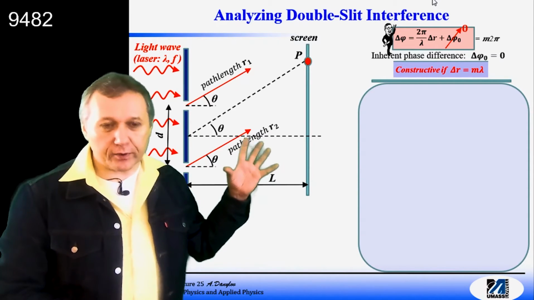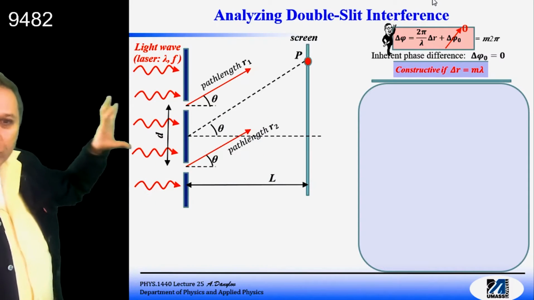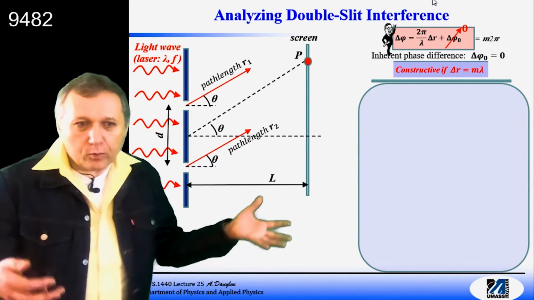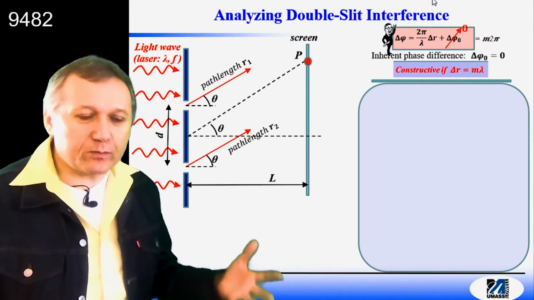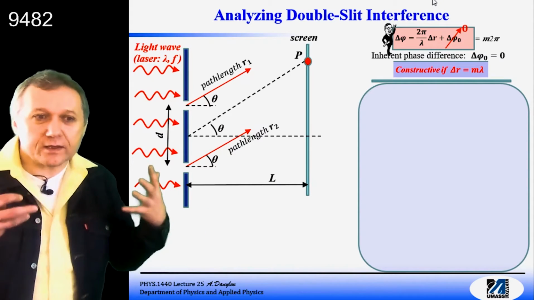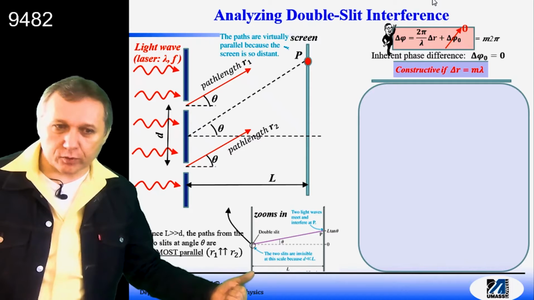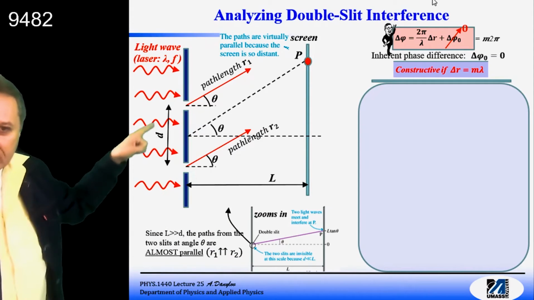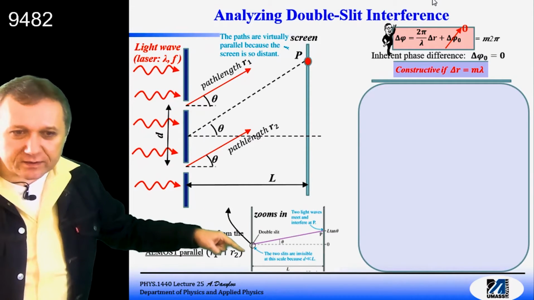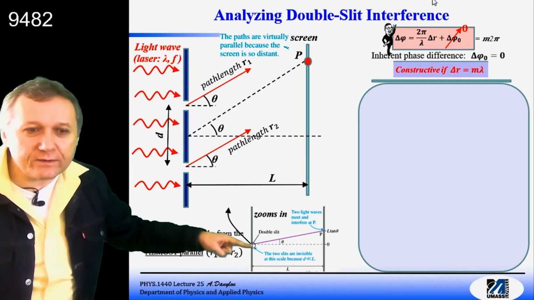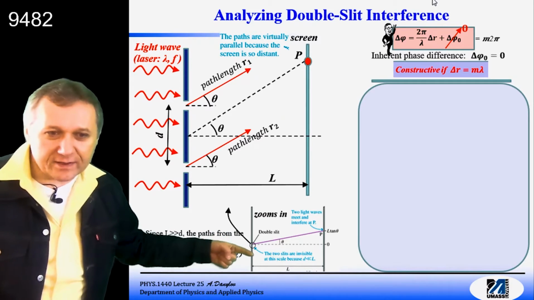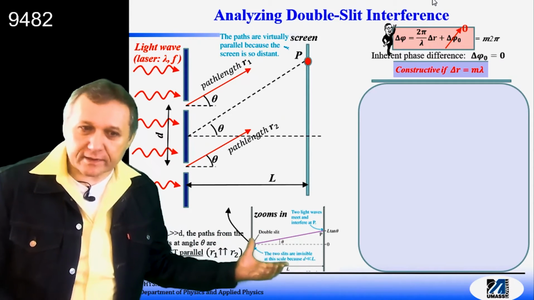So if, for example, you zoom out this picture and draw a more or less realistic picture in scale, you will see something like this. I took it from the book. Look, all this mass, the double slit, is somewhere over there, basically invisible for us. This is L, again, more or less in scale.